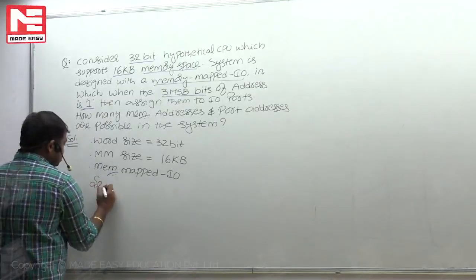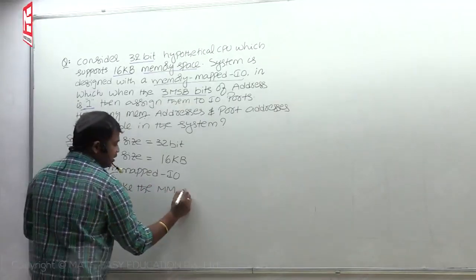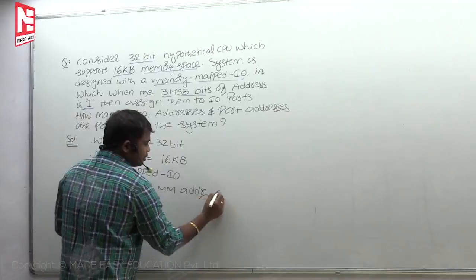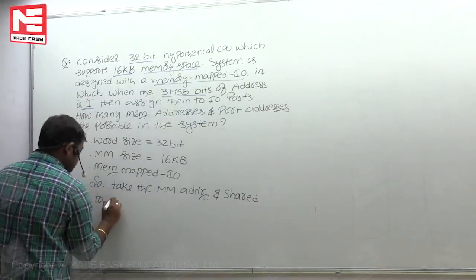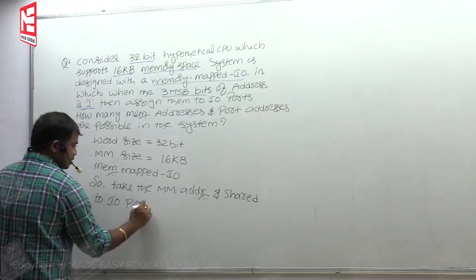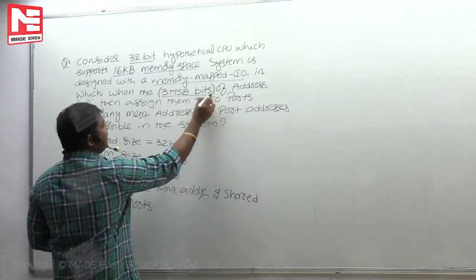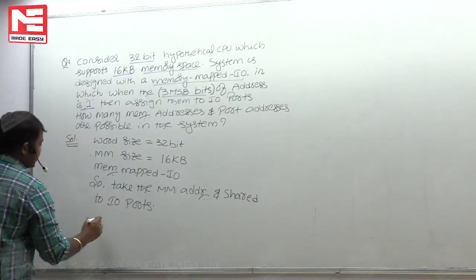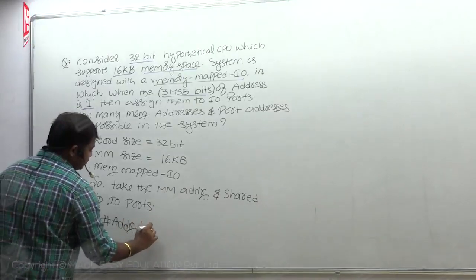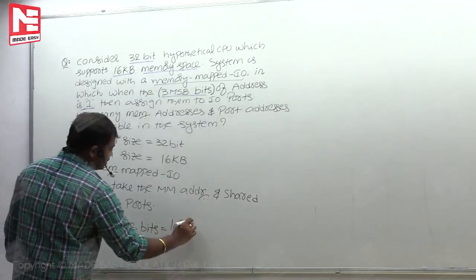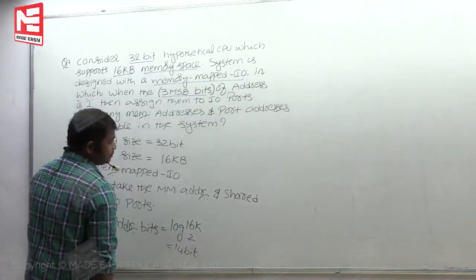So take the main memory address and share it to IO ports. In this sharing, the consideration is 3 MSB bits of address is 1. Okay. Now take this address. Number of address bits required equal to log 16K base 2, that is 14-bit address required.